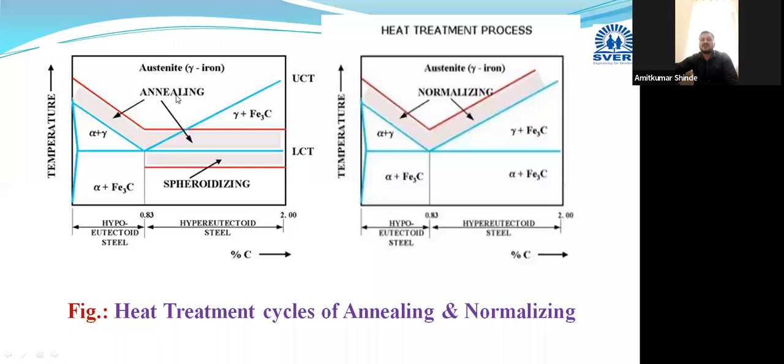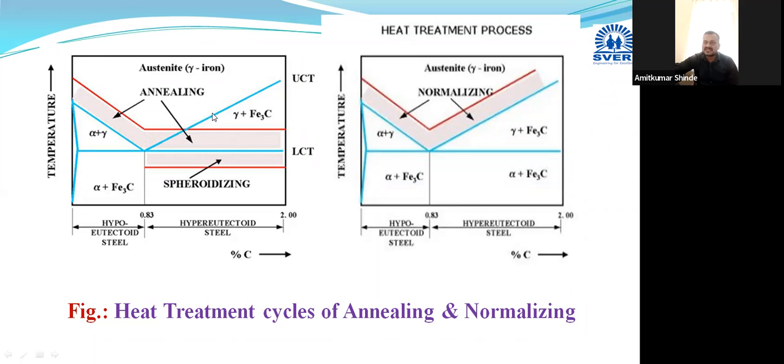In annealing we do furnace cooling, in normalizing we do air cooling, and in hardening we do water cooling. Depending on the type of steel, it may be brine solution, cold water, oil, or an air medium.